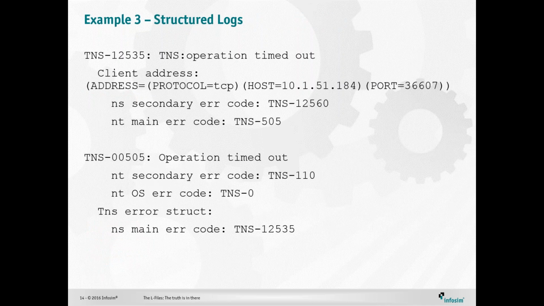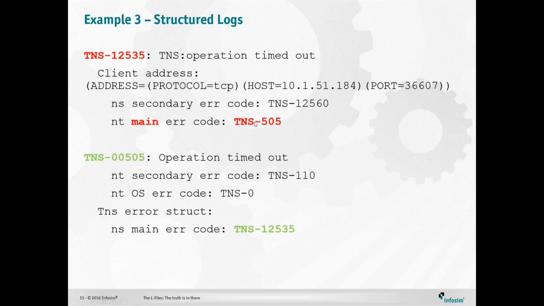The last example is about structured logs. In this case, you have error codes again, like this 12535 error code, but this might not be an error, because there might be the need for this error code to appear in the respective subsection.